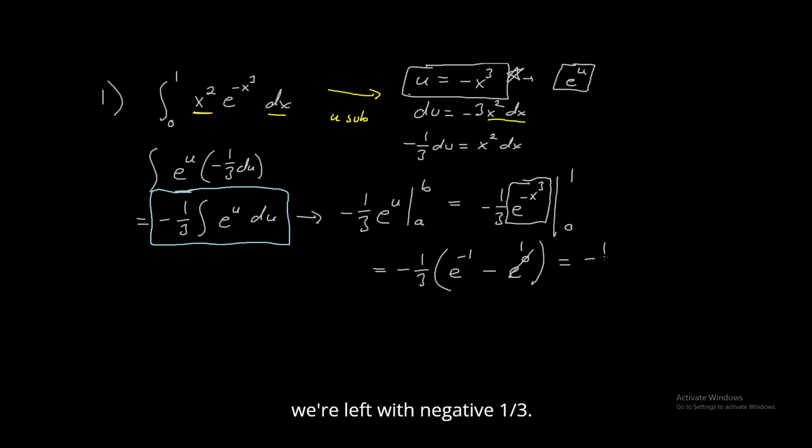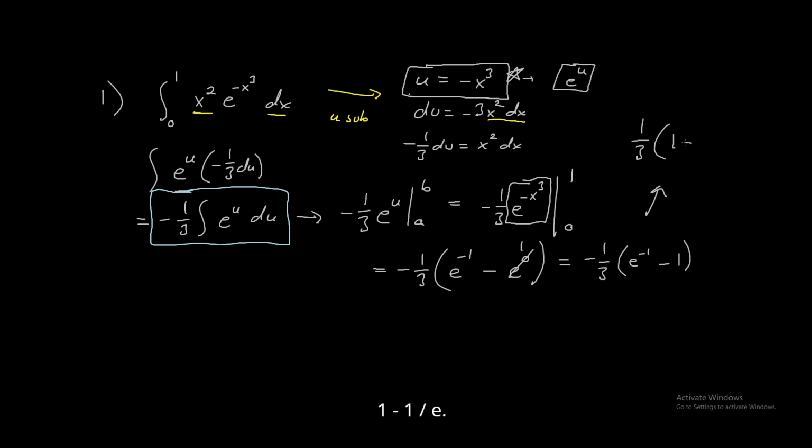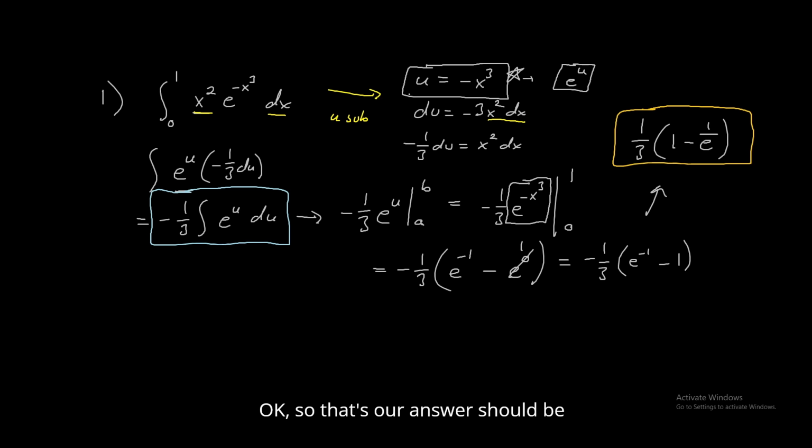So we're left with negative 1/3 times e to the negative 1 minus 1, and another way we could write this is 1/3 times 1 minus 1 over e. That might be a slightly cleaner way to look at this. Okay, so that's our answer.